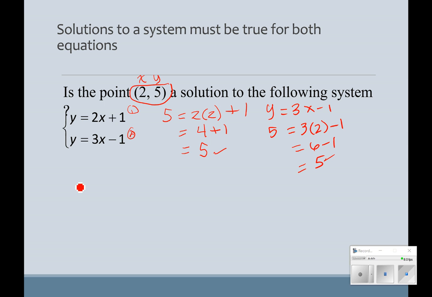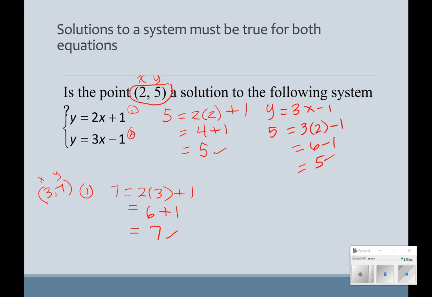Okay. What does it look like if it's not a solution? So let's pick the point (3,7), let's say. And let's go ahead and sub it into the first equation. So the 3 is my x, the 7 is my y. So 7 equals 2 times 3 plus 1. 2 times 3 is 6, and 6 plus 1 is definitely 7, so that works.